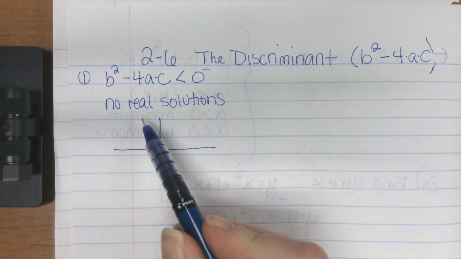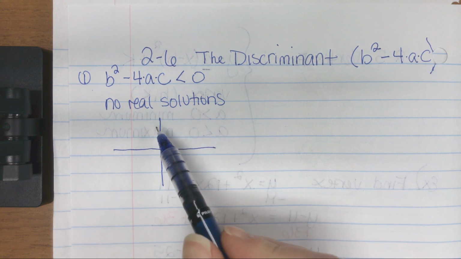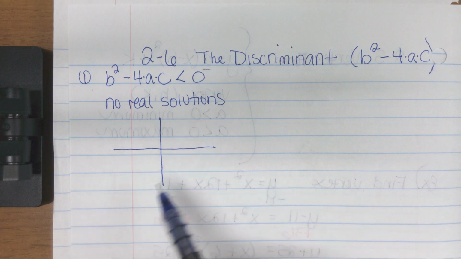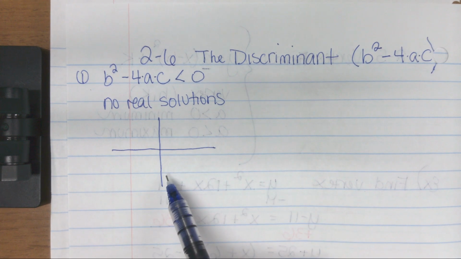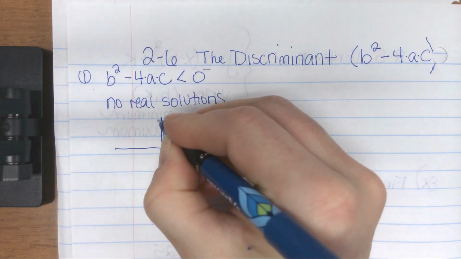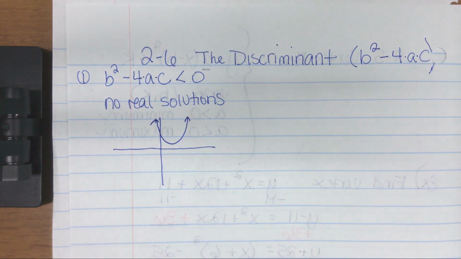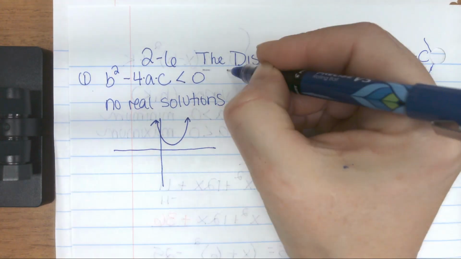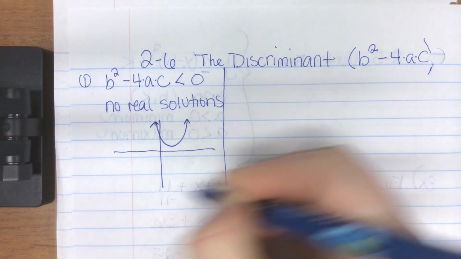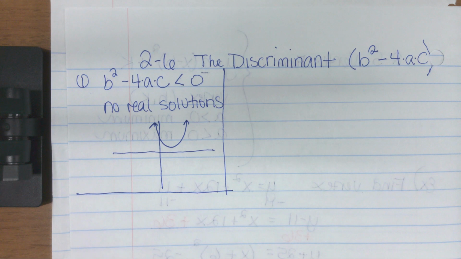It could be a parabola up here opening up with its vertex above the x-axis, or it could be a parabola down here, opening down with a vertex below the x-axis. We're going to draw a picture of no real solutions. Okay, so that is one thing that could happen.